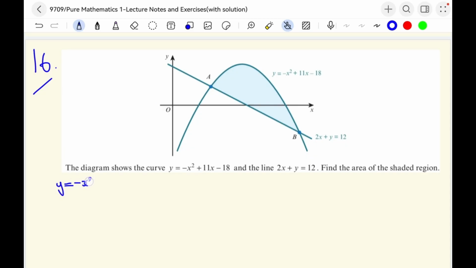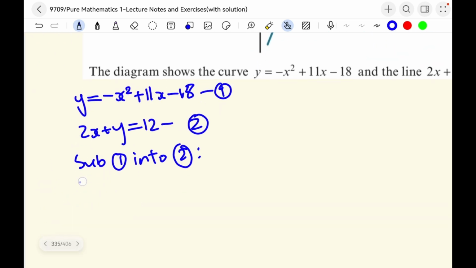So this is your equation 1. Another is equation 2. Okay? Substitute the first equation into the second equation. You will get this 2x plus, what is it inside? This one, right? It's a negative 5, and negative x squared plus 11x minus 18 equals 18.